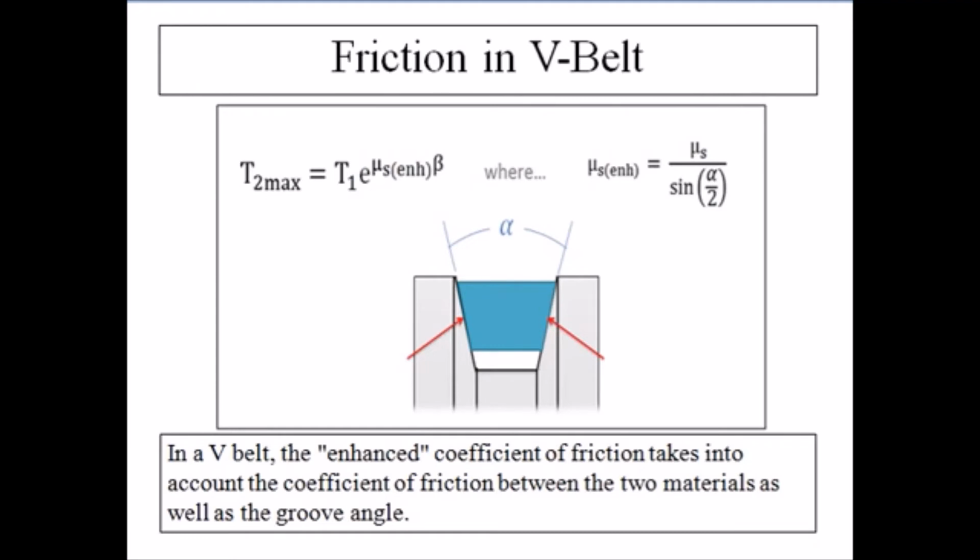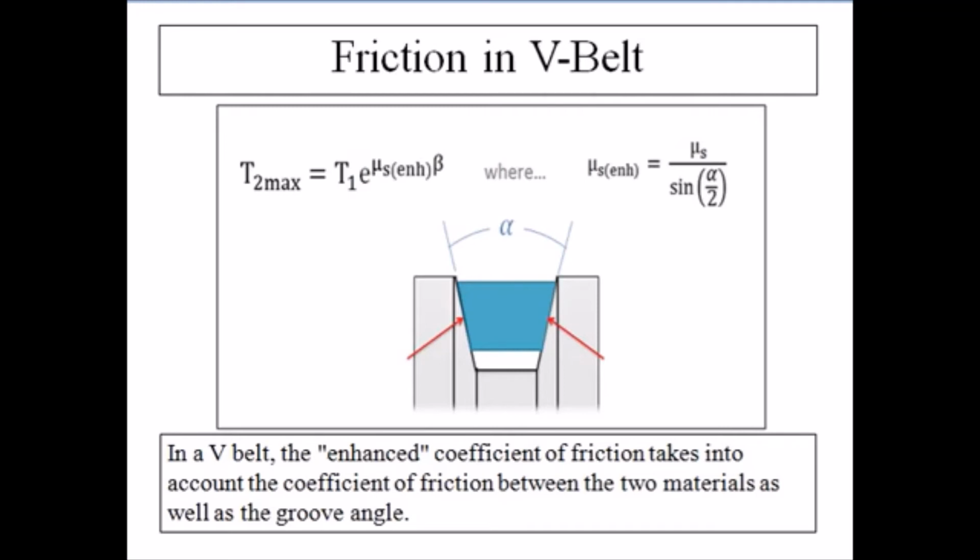In a V belt, the enhanced coefficient of friction takes into account the coefficient of friction between two materials as well as the groove angle. So here the formula changes a bit as e raised to mu s enhanced into beta. Now what is mu s enhanced? It is mu s upon sine of alpha by 2. Alpha here is the angle between both the grooves.